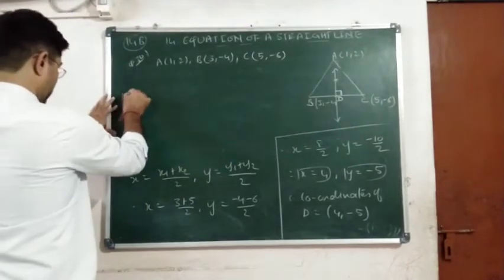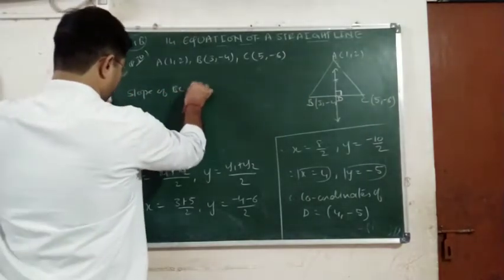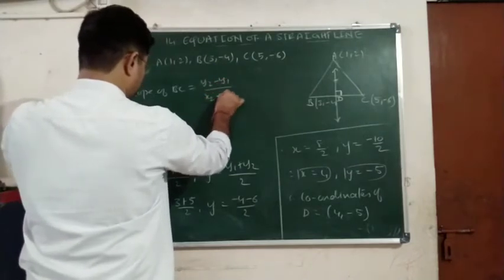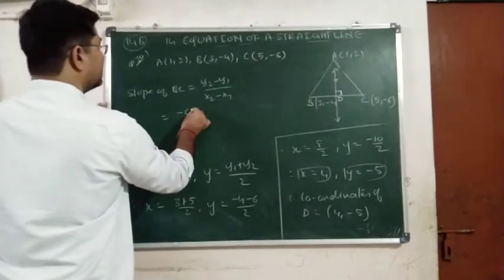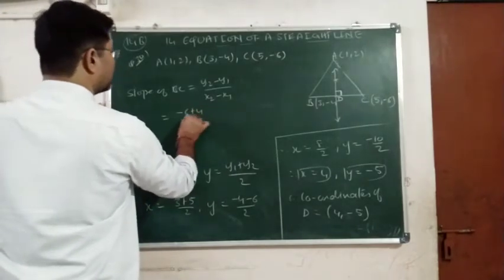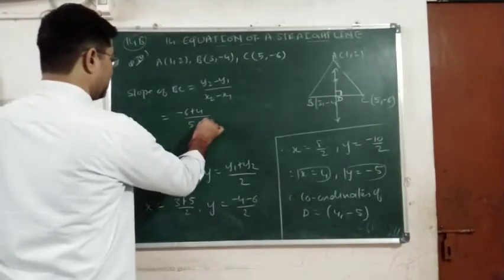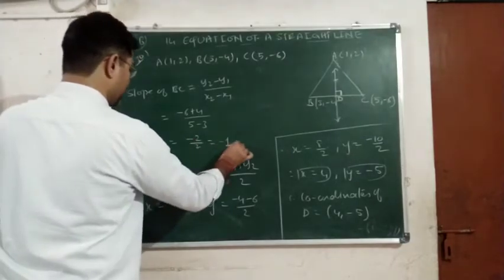So we will now calculate the slope of BC, which equals (y2 minus y1) upon (x2 minus x1), equals (-6 + 4) upon (5 minus 3), which is -2 upon 2, equal to -1.